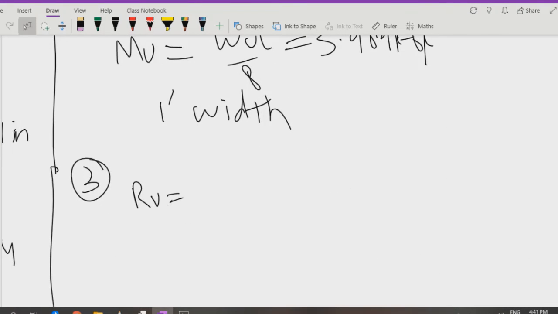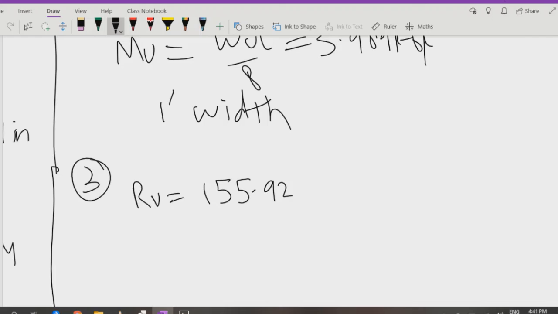After calculating from that formula, I got my Ru equal to 155.92 psi.